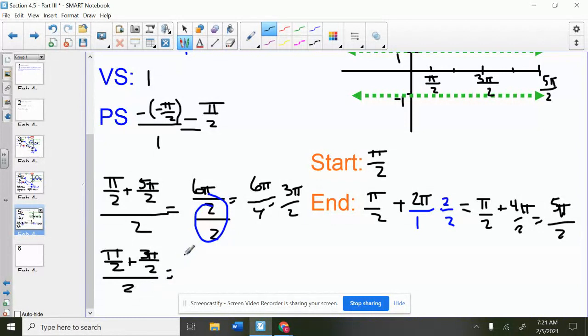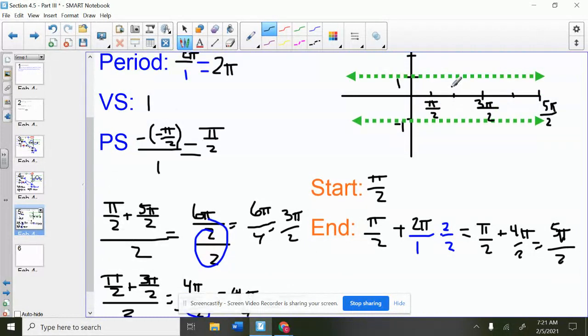So then this would give you 4 pi over 2 divided by 2, which is going to give us 4 pi over 4, because we talked about we're kind of multiplying those 2's on the bottom. When I do that, those are obviously going to cancel out and just leave you with a pi. So then up here, this value gives you pi.